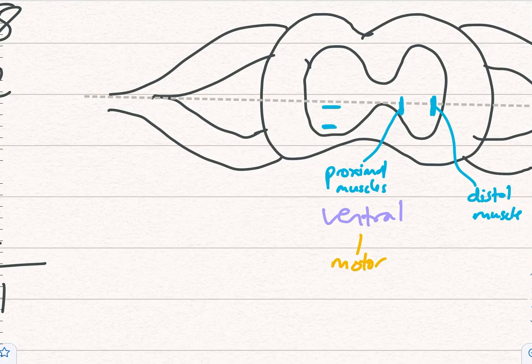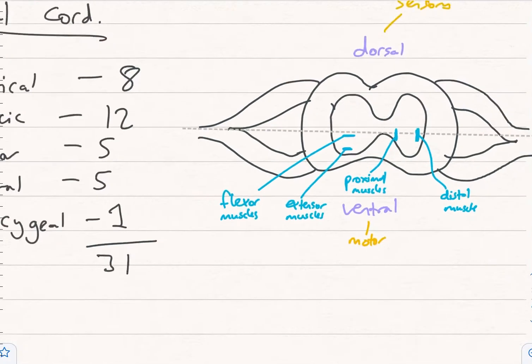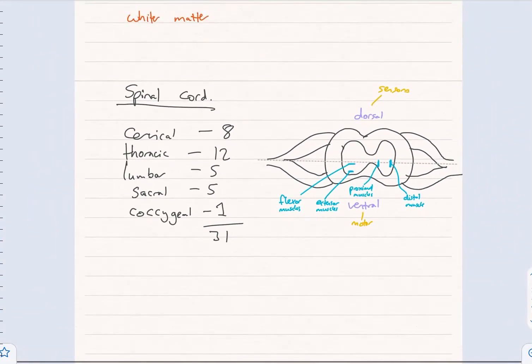If you divide them up like that, the flexor muscles are more dorsal, so further to the back, and then we have the extensor, which are more ventral. Yeah, so that's a brief intro to how the spinal cord works.